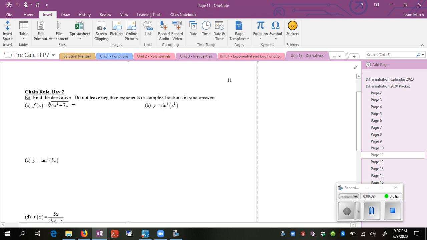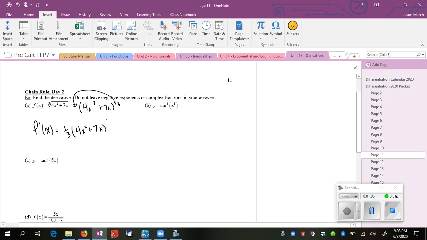So best thing you can do with a radical question is to first not actually take the derivative, but rewrite it. So I'm going to rewrite this as 4x squared plus 7x all raised to the 1/3 power. So again, I haven't taken the derivative yet, but now if I take the derivative of that, f prime of x is going to be written as, if I do the power rule first, we get 1/3 times the parentheses, so 1/3 of the stuff.